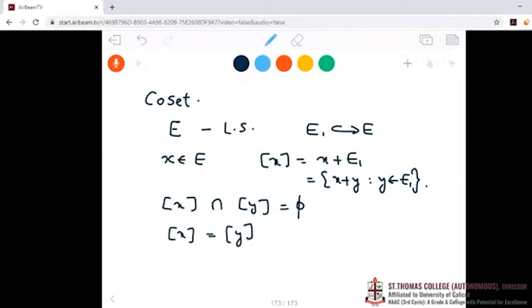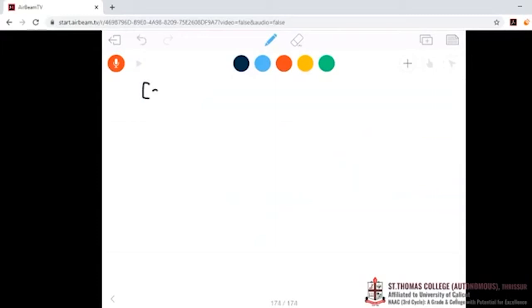One thing is sure, two cosets are either disjoint or not disjoint. So I am taking class x intersection class y to be non-empty.